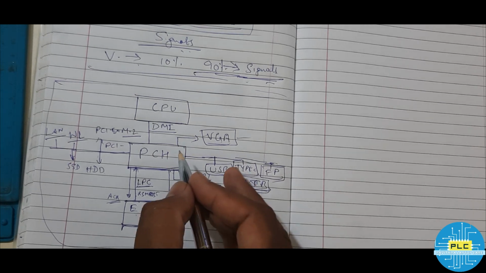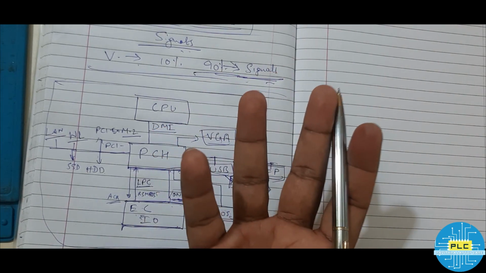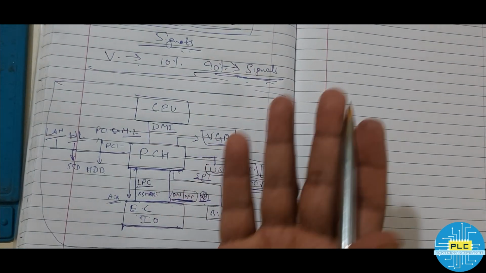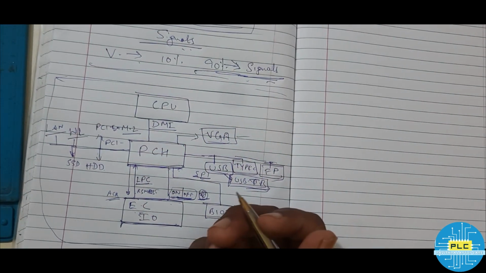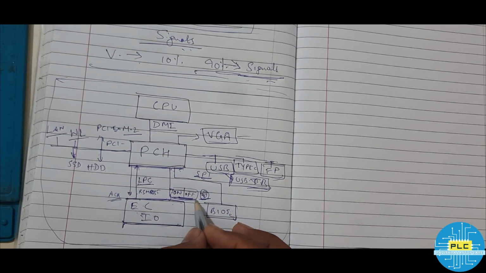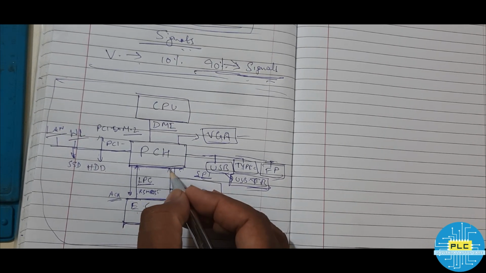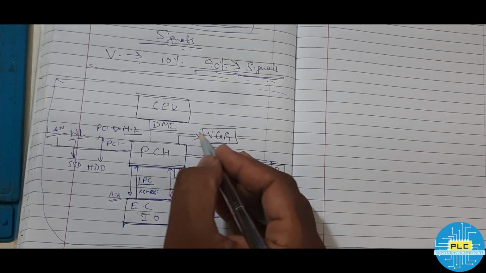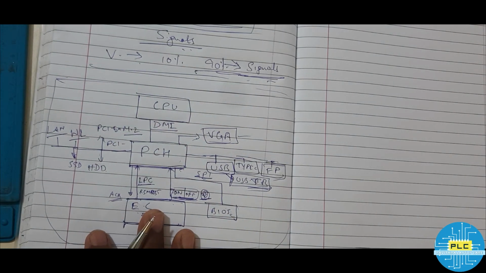Every signal carries a voltage, like 3.3, 1.0 and so on, 1.2 in the RAM section and so on. Once this on and off signal goes to the PCH, then all functions will start.